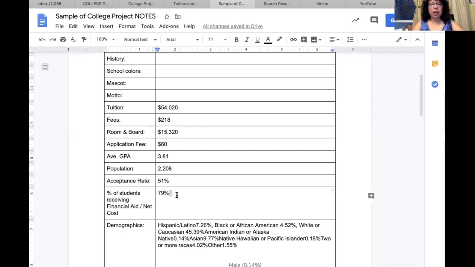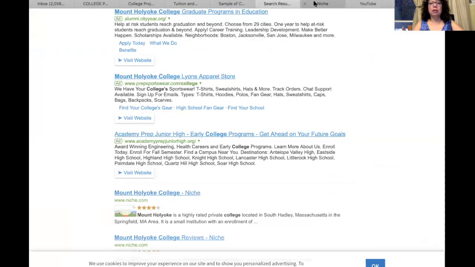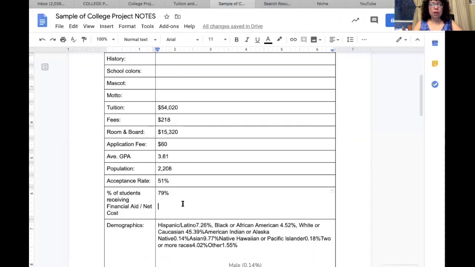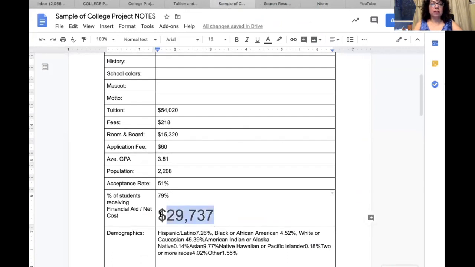And then the net price, or how much you're going to end up actually paying with all of your loans and things. Oops, sorry, wrong one. Go back. It's $29,737 a year. Well, you might think that's a lot, and it kind of is, but college is expensive. I can reduce that size because it's kind of annoying me.